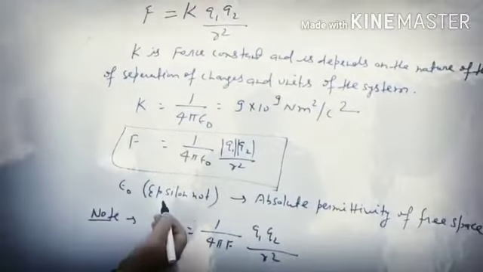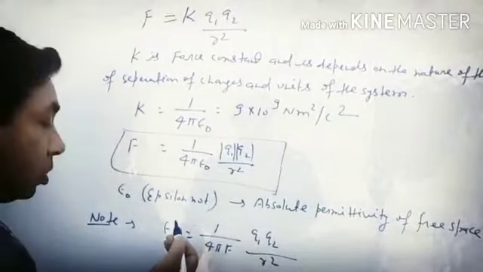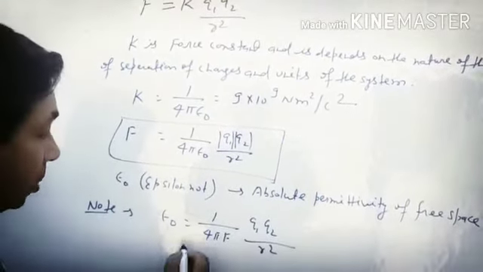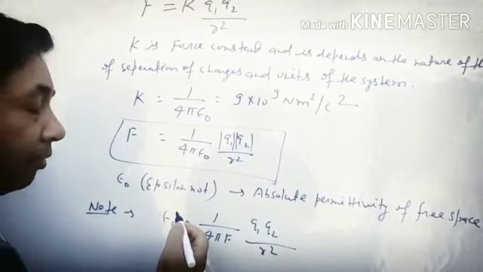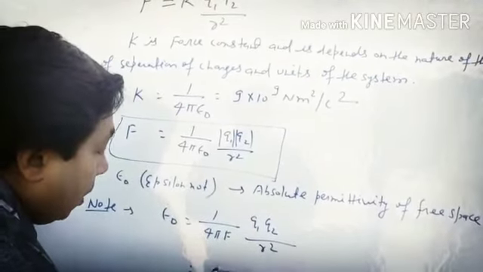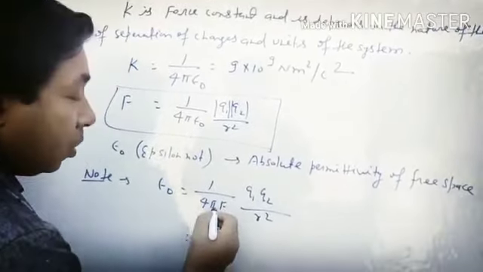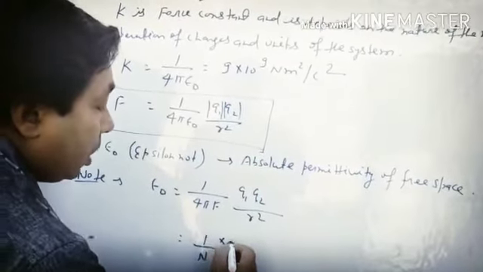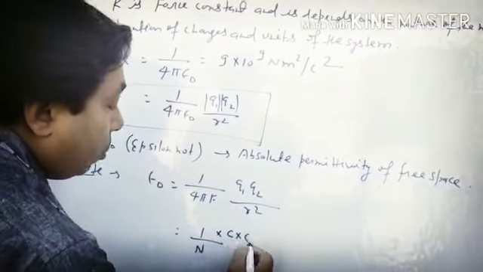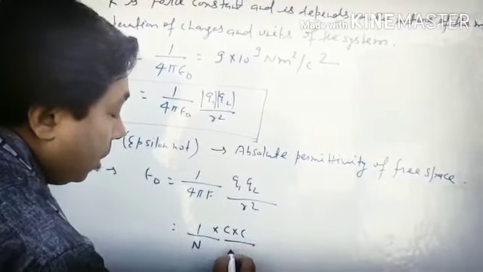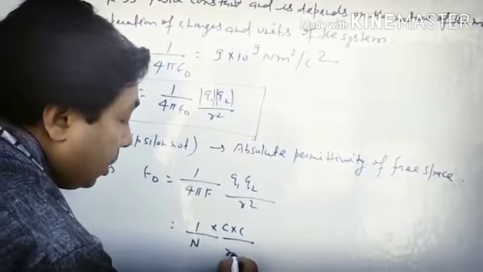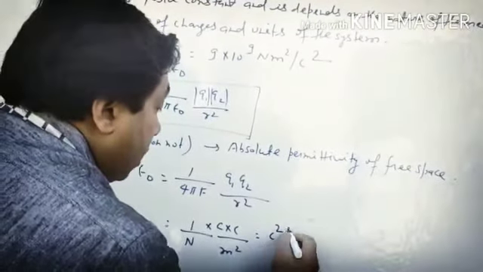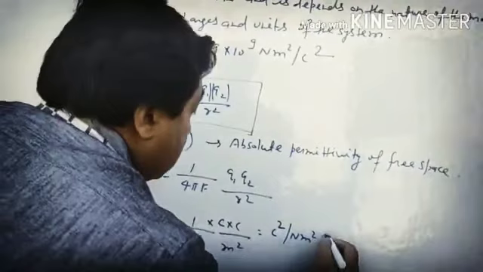If we have to find its dimension and unit, we can write here. At first we find its unit. 1 and 4 pi are constant quantities, with no unit. Force has the Newton unit. Charge is coulomb into coulomb, divided by distance, that is meter square. It forms coulomb square per Newton meter square.